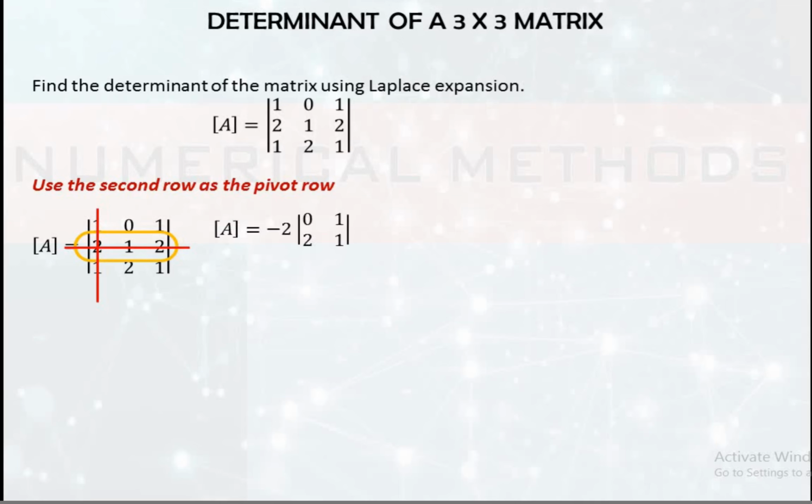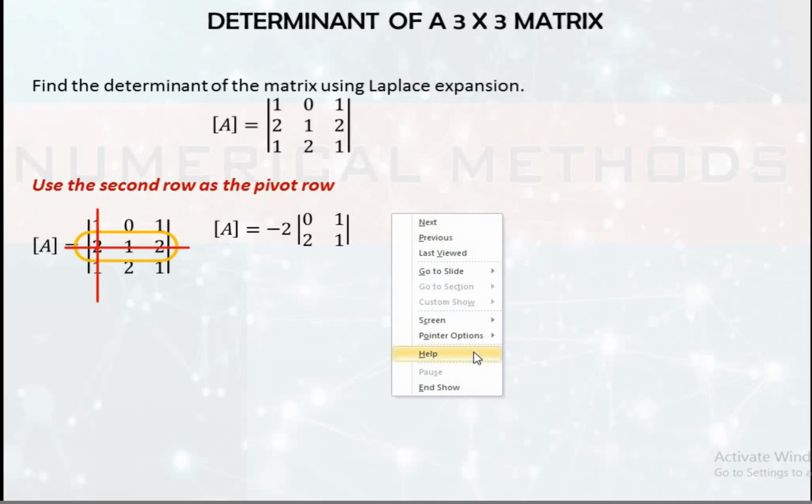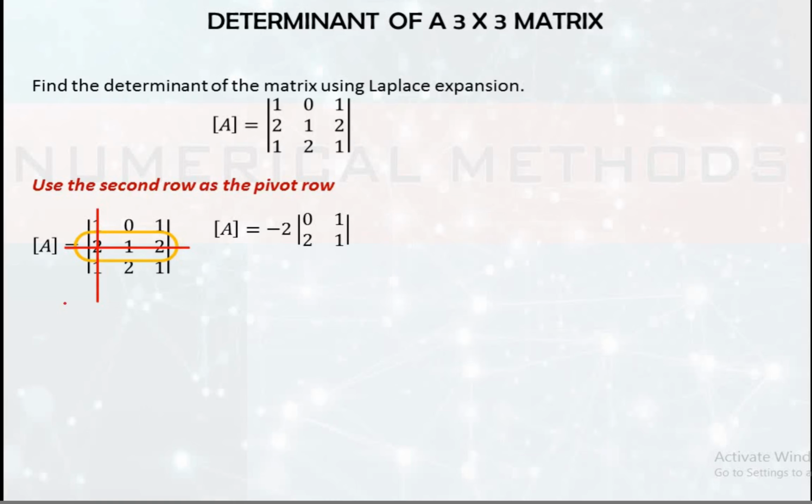I'll take the cofactor of 2. Ma'am, bakit negative yun? Bakit kanina positive? Ulitin ko ulit. Since that is a 3 by 3 matrix, the cofactor signs are positive, negative, positive; negative, positive, negative; positive, negative, positive.